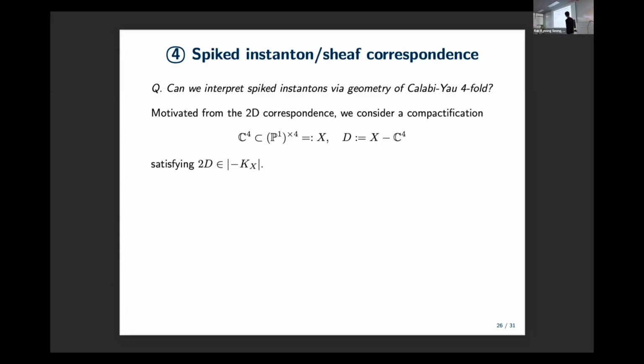And here we will choose a compactification by 4 times P1, and D will be the complement divisor. The reason why we choose this explicit compactification is to guarantee this property, which is useful at a later point.